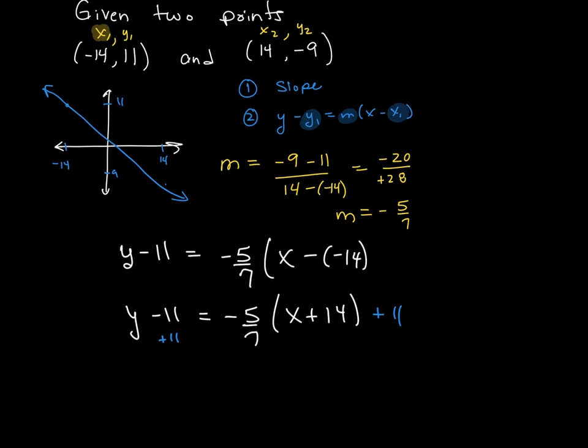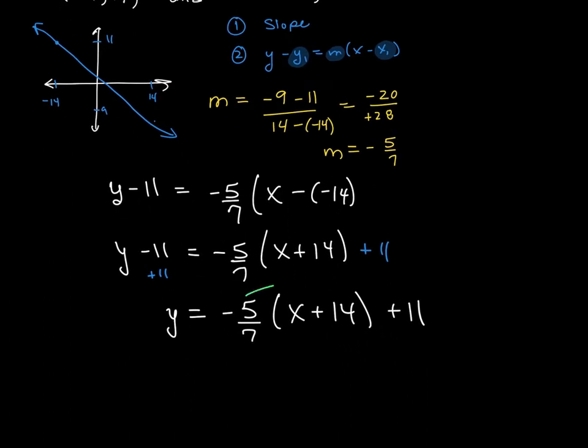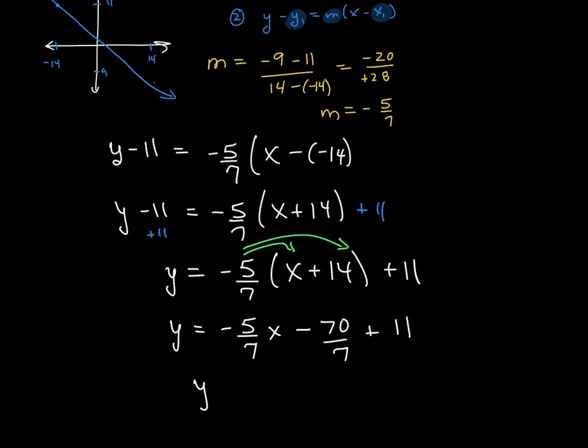And this, you can actually pull it into MyOpenMath and leave it as an answer: negative 5 over 7 x plus 14 plus 11. I am going to go through and simplify this just because I think it's a skill that we really do need. Distribute the negative 5/7. And then I'm left with y is equal to negative 5 over 7 x minus 70 over 7 plus 11, or just y is equal to negative 5 over 7 x.